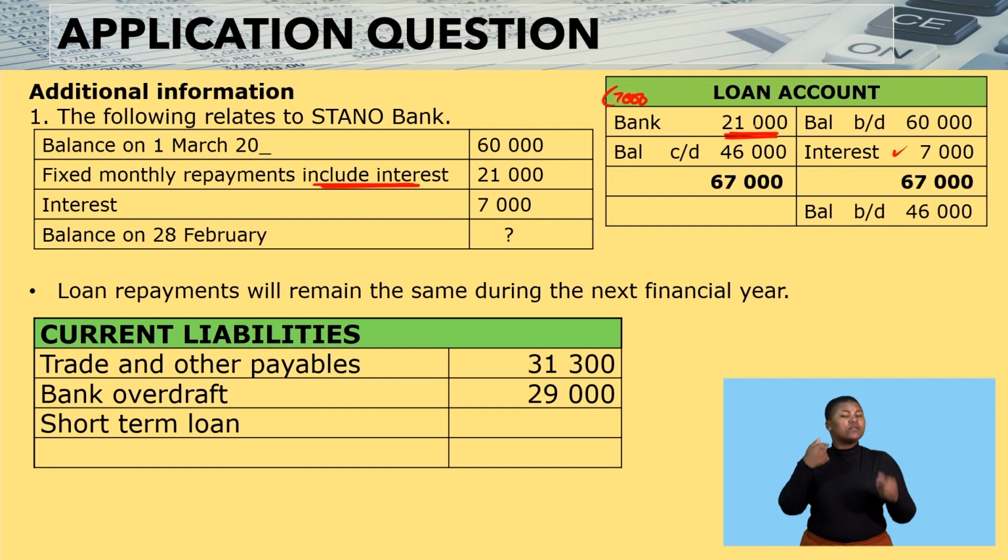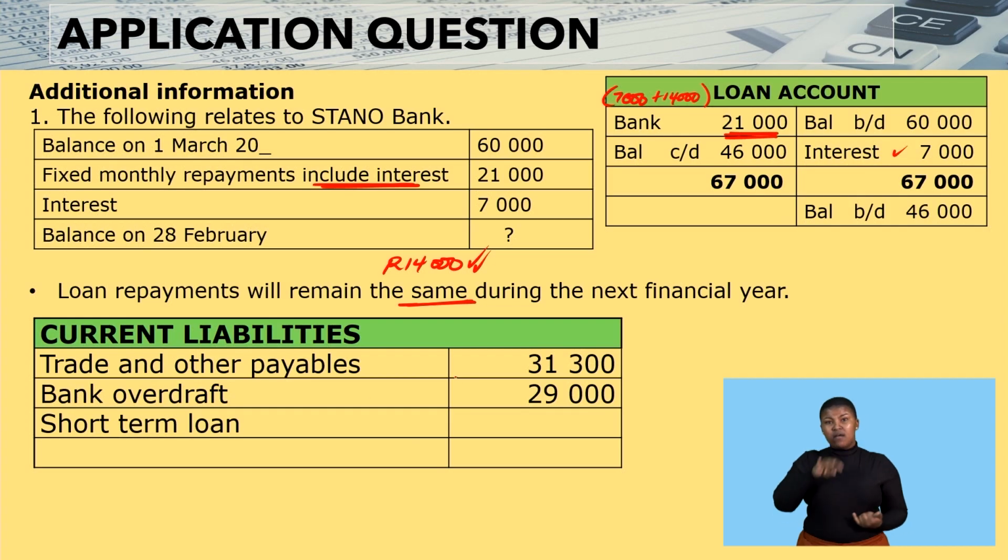So if I say 21 minus 7, I remain with 14,000. That simply means the loan repayment in this financial year was 14,000. And if the repayments will remain the same, it remains 14,000.